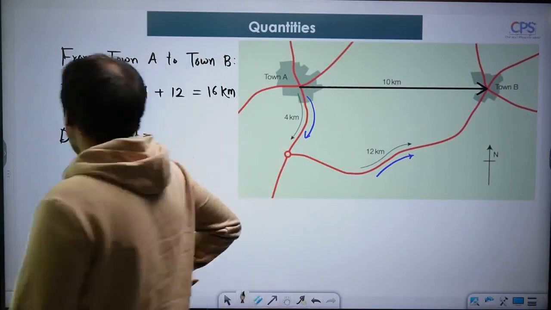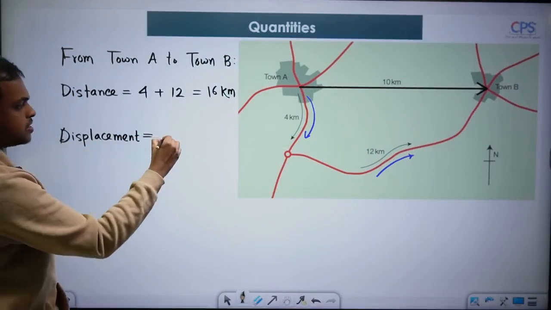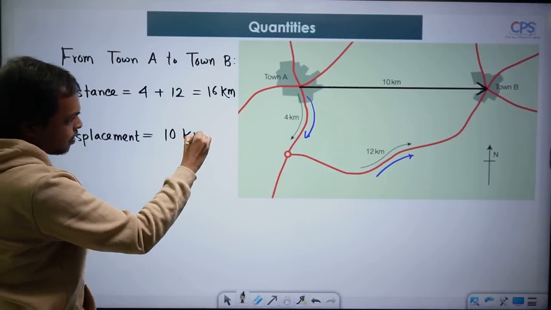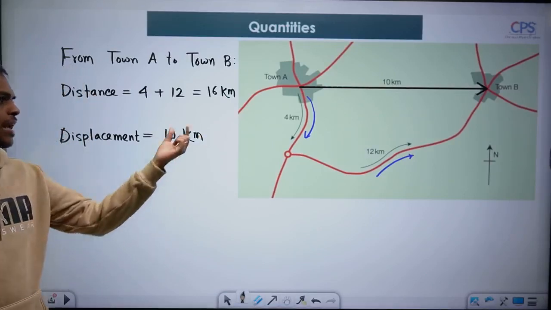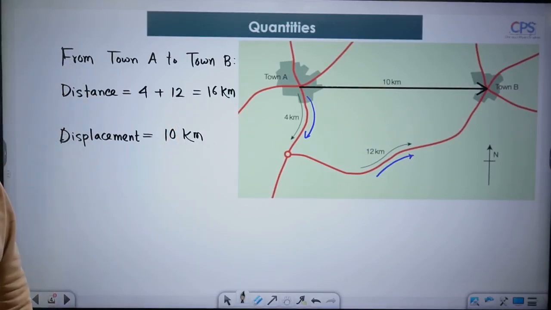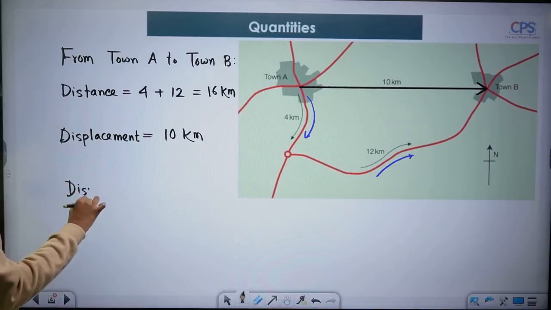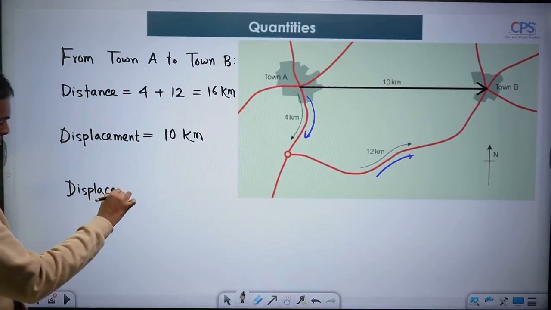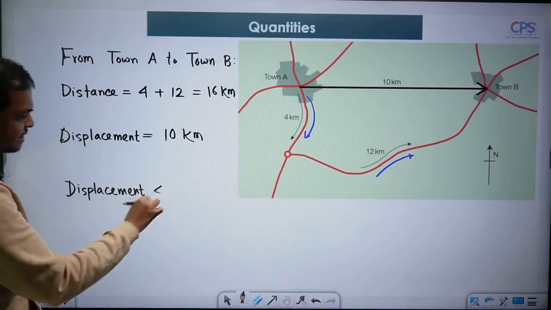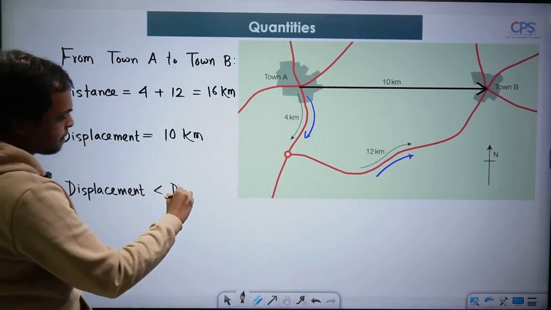There is nothing else to worry about it. So it's 10 kilometers. And from these calculations, you might notice that the displacement is less than the distance, right?